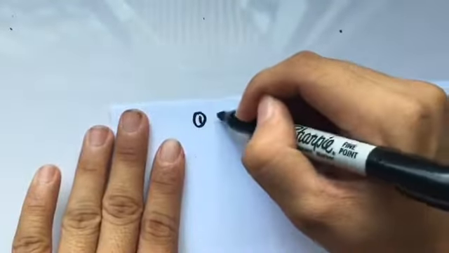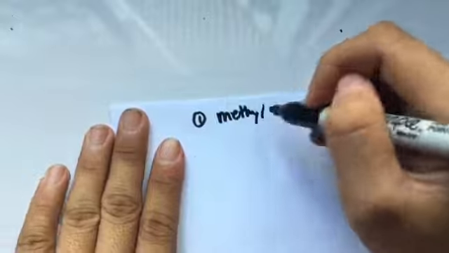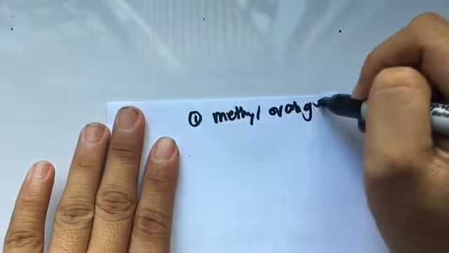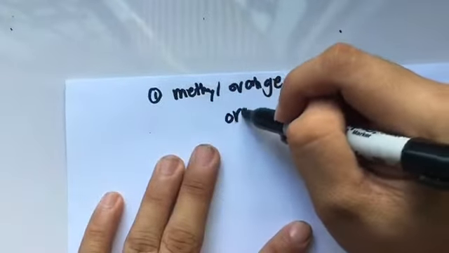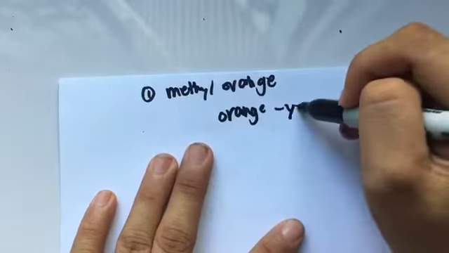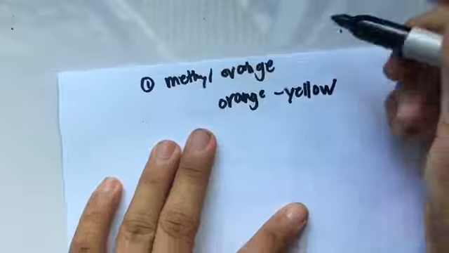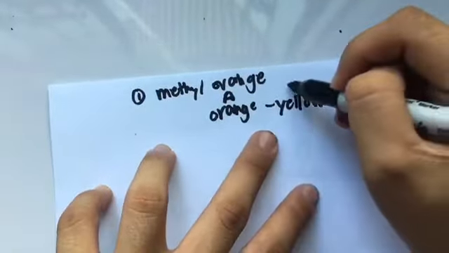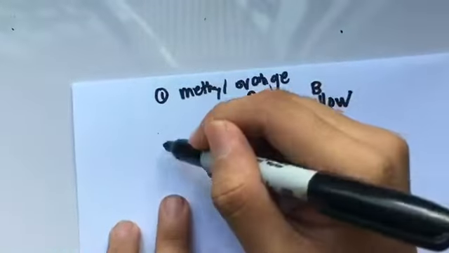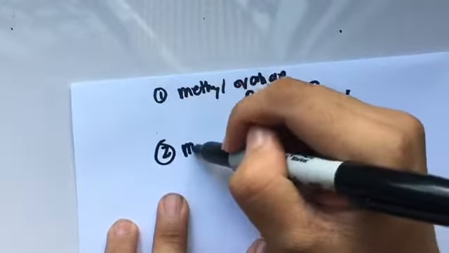So the first indicator is methyl orange. In methyl orange, ang kanyang color change ng pH range niya ay nag-range from orange to yellow. So this is for acidic solution, and this is for alkaline or basic solution. Next is we have the methyl red.